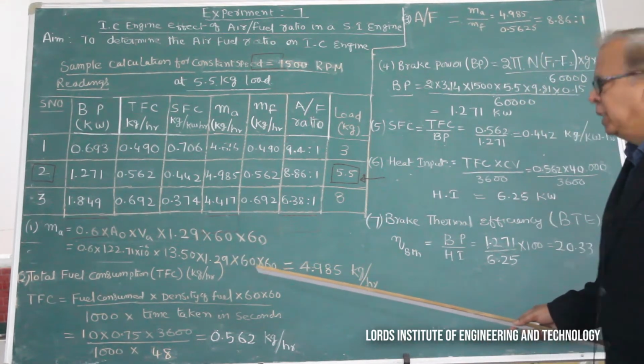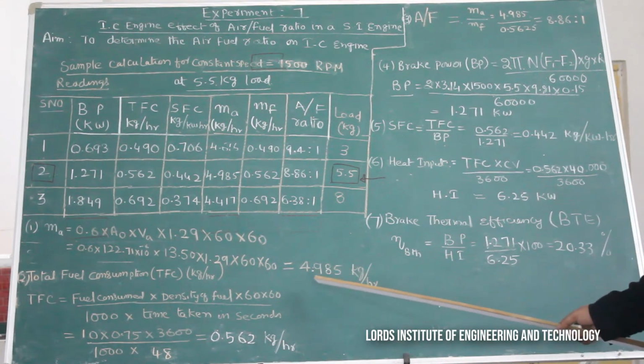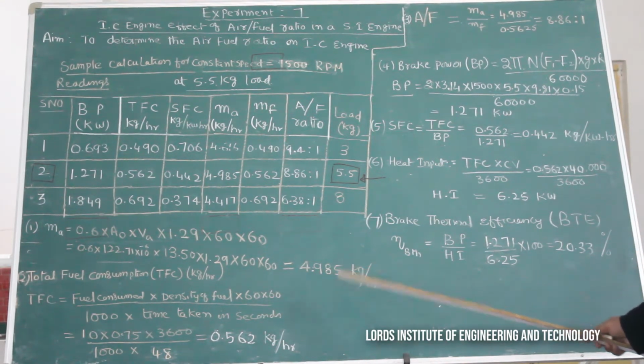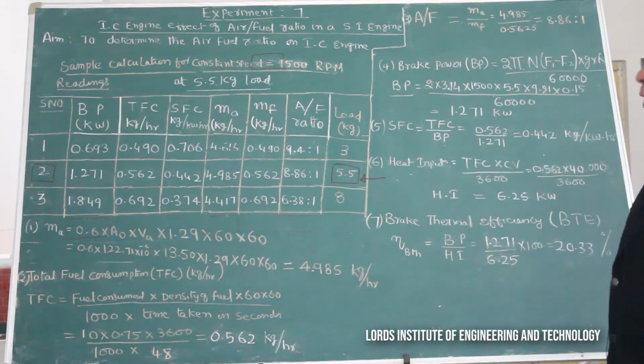If I multiply it by 60 into 60, I get it in kgs per hour. So what I am getting here is 4.985 kgs per hour of air used in this particular experiment on that particular load, that is 5.5 kg.